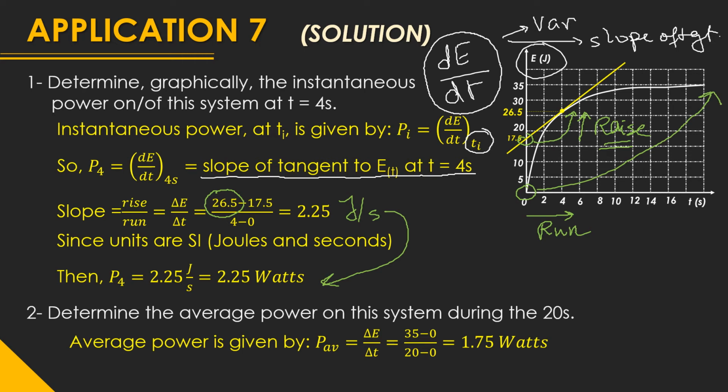And all we have to do is this point because we have here time 20, right? So delta E is 35, the last point, minus 0, over 20 minus 0, which is 1.75 watts. You notice that there is some difference, and that's logical because the power will keep on changing instantly because the slope of the tangent will keep on changing. That's it concerning this application.